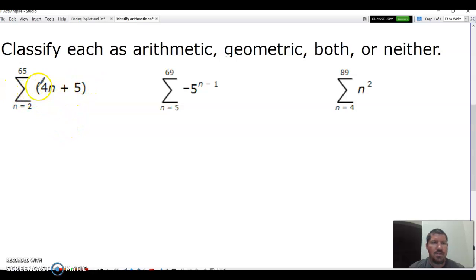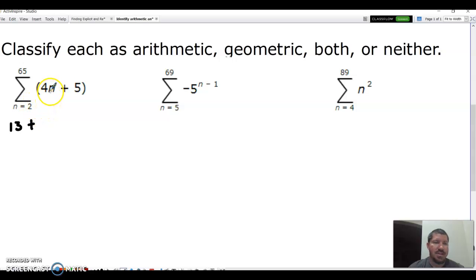Okay, so if I want to determine if this is an arithmetic series, then I need to start plugging in. So if I plug 2 in, because this would be my starting point, which we'll get to a little bit later. So 4 times 2 is 8, plus 5 is 13. A series means I'm adding. Then I move on to the next one.